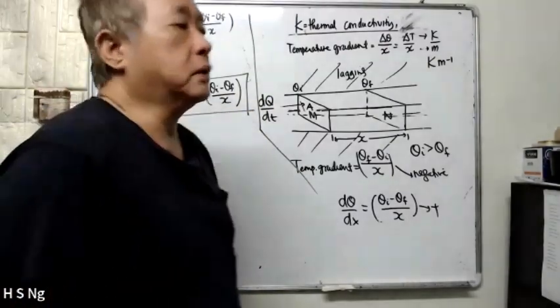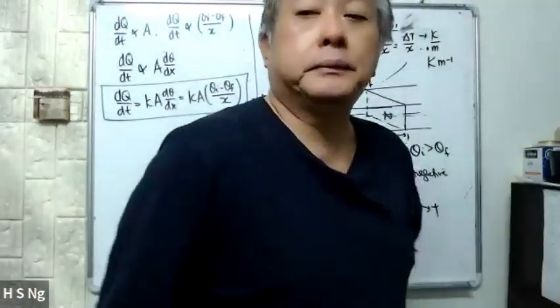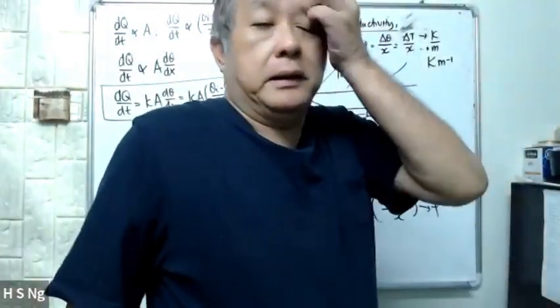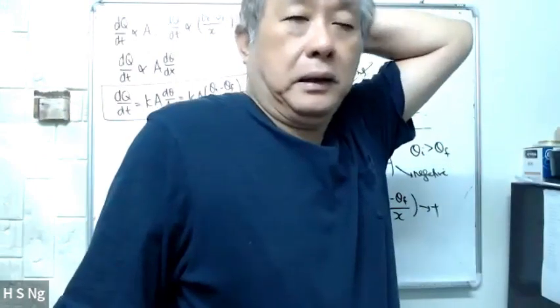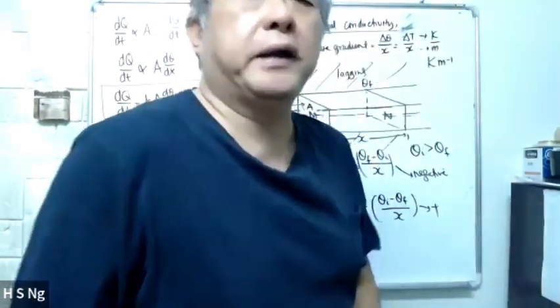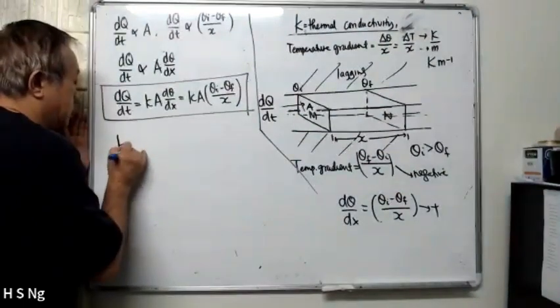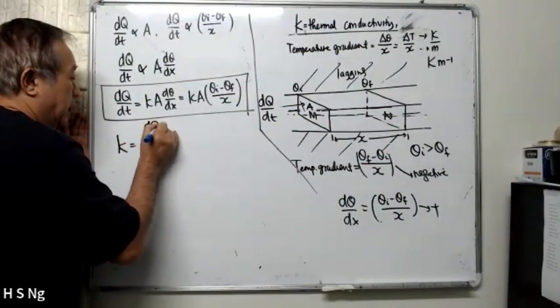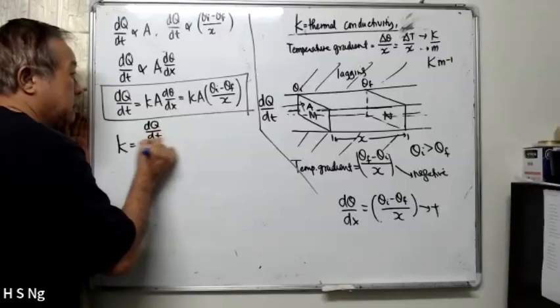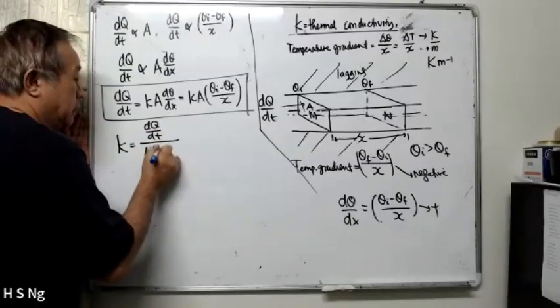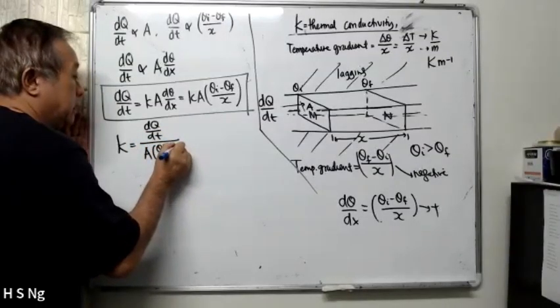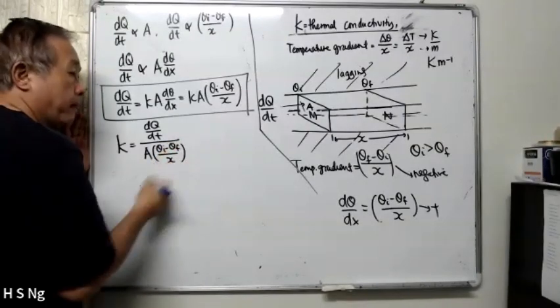K is called thermal conductivity. Here we define thermal conductivity using the equation. In Term 2, you are going to see quite a number of quantities defined using equations. So you better learn it.